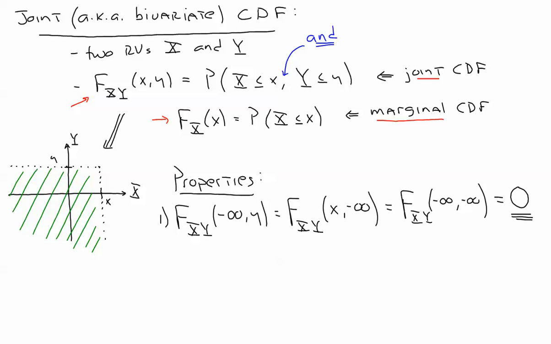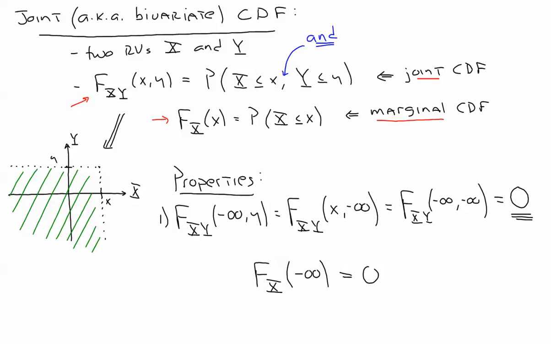Recall from our discussion of single random variables that the marginal cumulative distribution function evaluated at minus infinity for any random variable is exactly 0. Well, for a joint random variable, there are no possible outcomes of the chance experiment if either or both of the random variables is required to be less than or equal to minus infinity.